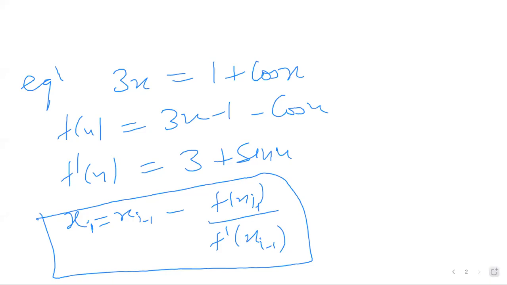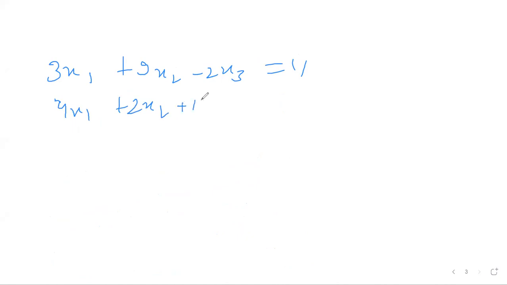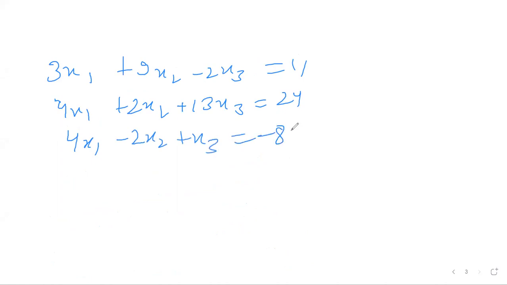The equations of the Gauss-Seidel method were 3x1 plus 9x2 minus 2x3 is equal to 11, 4x1 plus 2x2 plus 13x3 is equal to 24, and 4x1 minus 2x2 plus x3 is equal to minus 8.